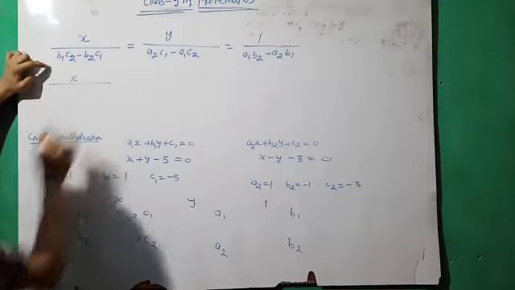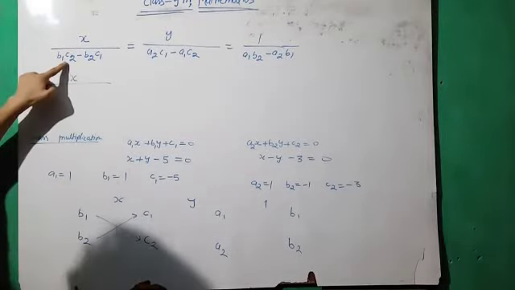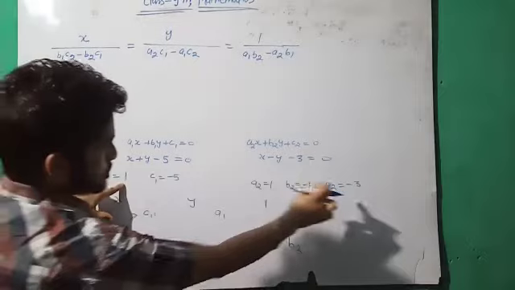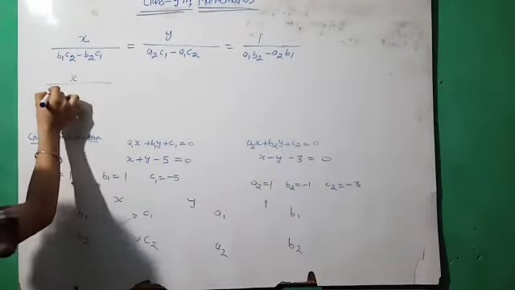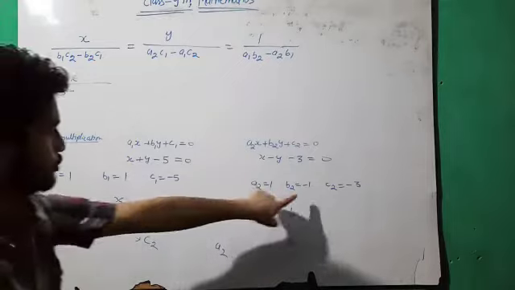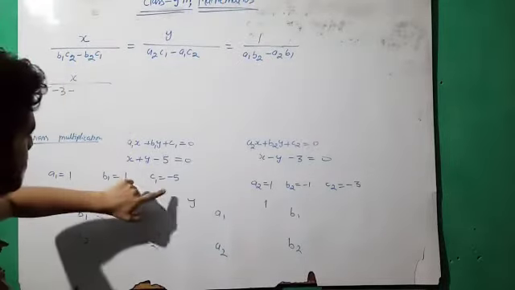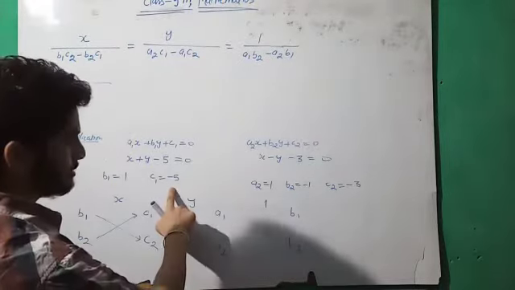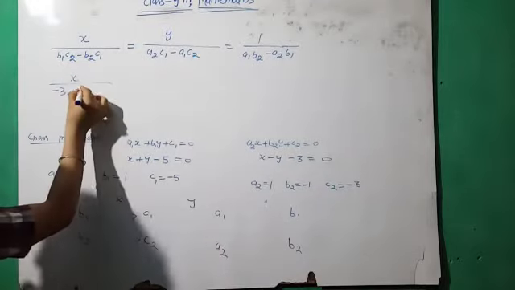x upon b1 c2, that is 1 into minus 3, minus 3. Now minus b2 c1, b2 is minus 1 and c1 is minus 5, so minus 1 into minus 5, so you have to place 5.